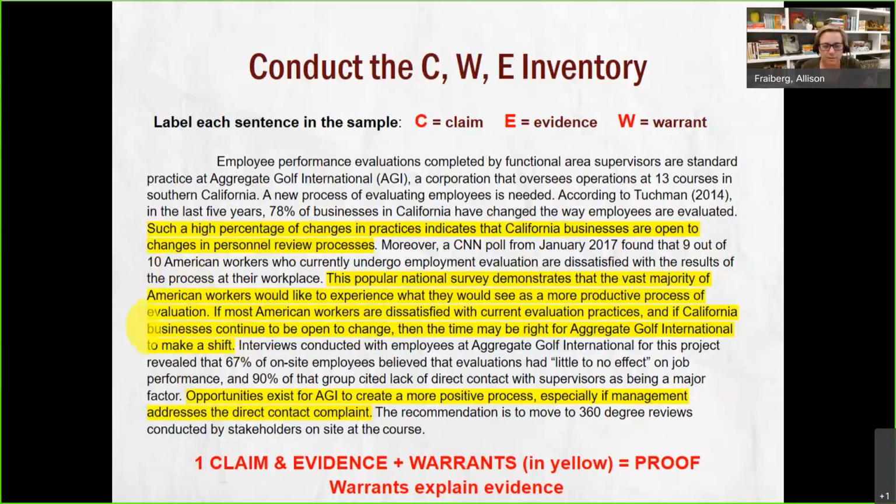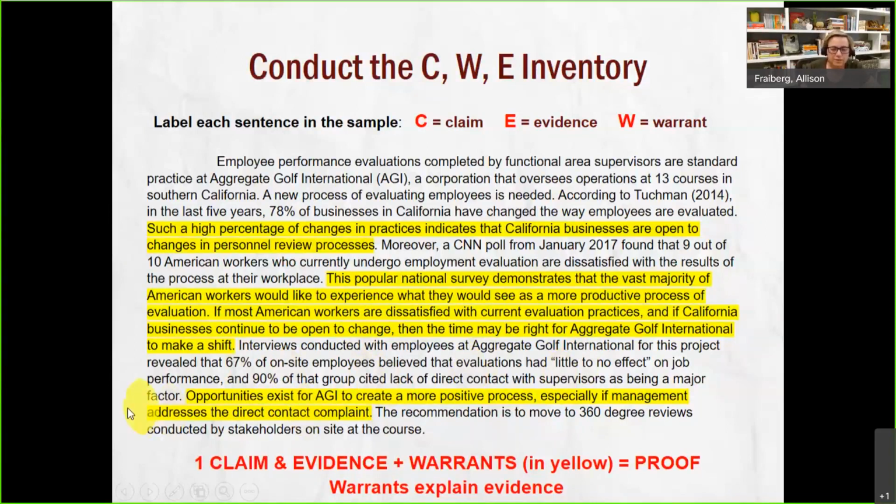This third piece, this is the interviews that revealed that 67 interviews at Aggregate Golf specifically, where the employees believed that evaluations had little to no effect, and that people really, 90%, said it was lack of direct contact with supervisors, which was the major problem. So let's see if I explain it.